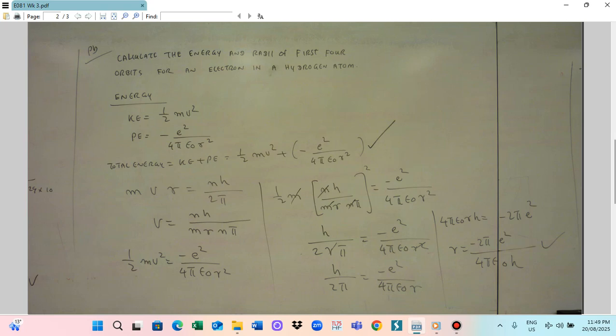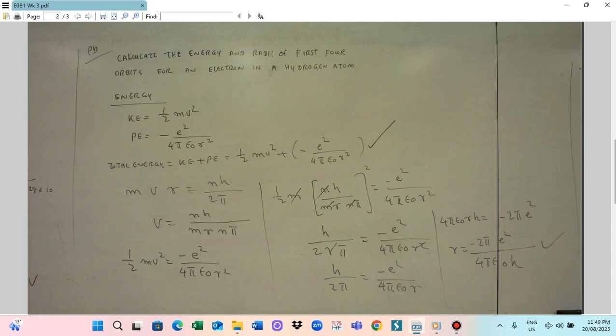We can solve this one: here you know the electron charge e, and here is ε0, and also n. If you want to determine r, and h is the Planck constant, then you can calculate r. This is the way we calculate the energy and the radius. The energy we can calculate by this equation, and this is the radius we can calculate.